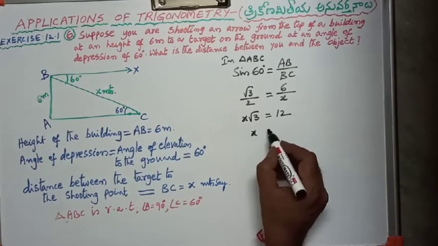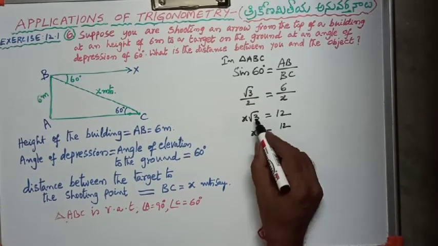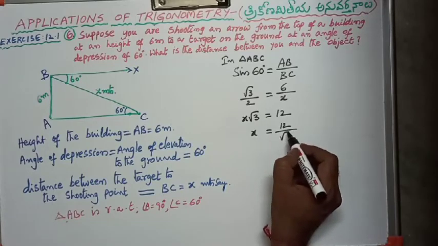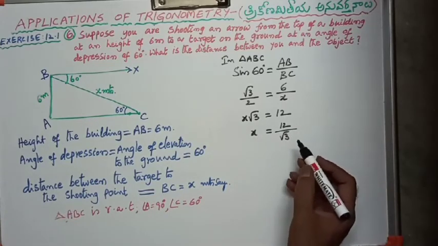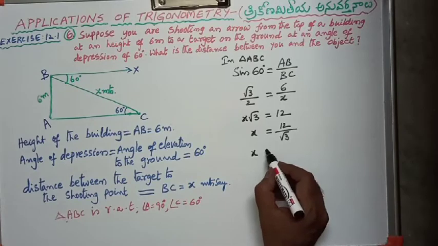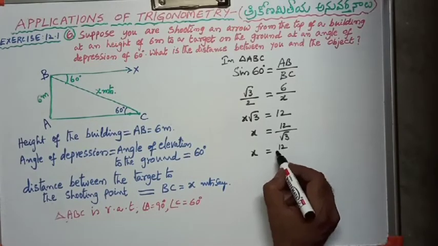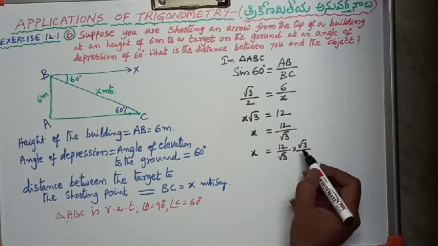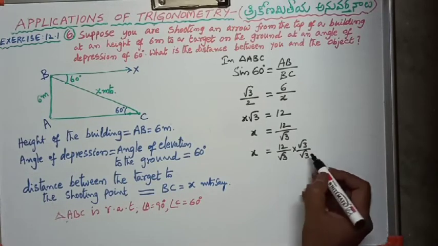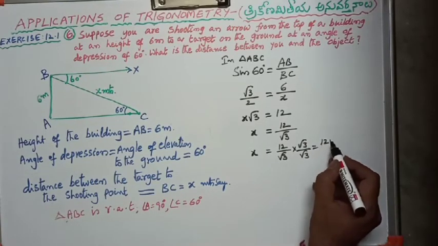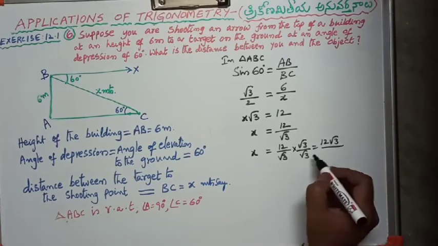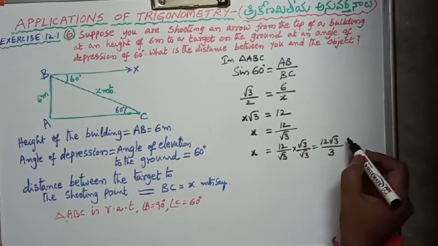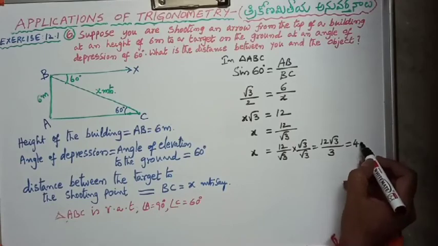And X is equal to 12 by root 3, bringing root 3 to the denominator. So X is equal to, now do the rationalization. 12 by root 3 into root 3, rationalizing the denominator, that is 12 root 3 by 3. Root 3 is 3, so 3 in 12 is 4 times, so 4 root 3.